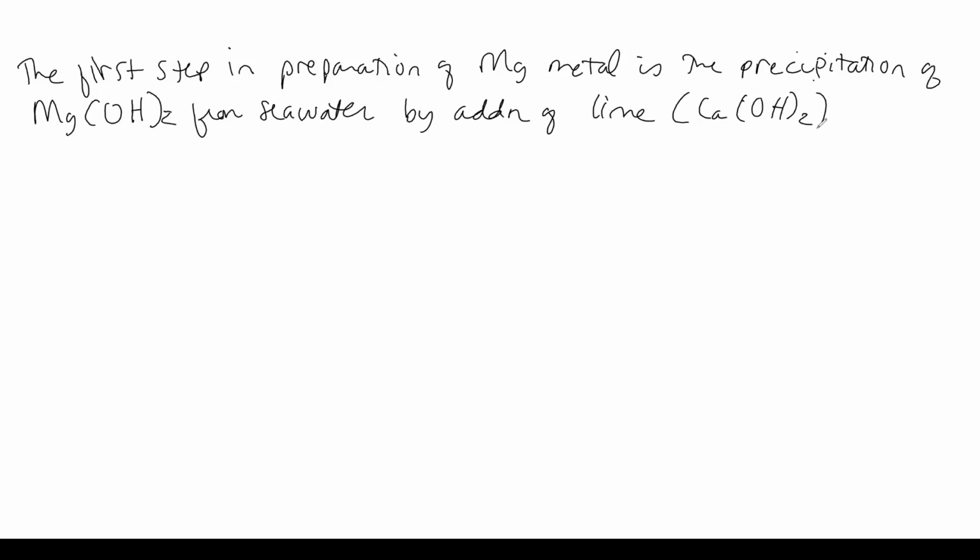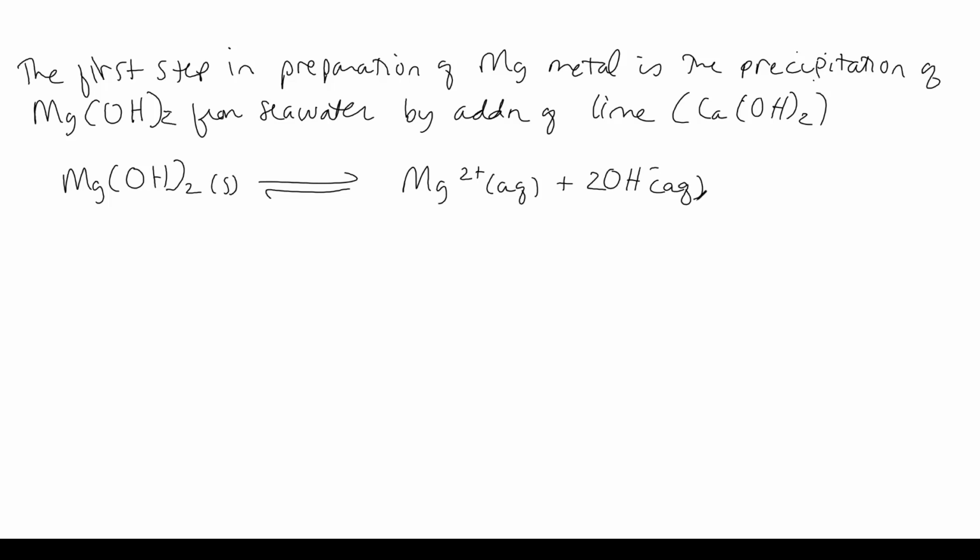But first we have to find out if when we do that, if we're adding enough to actually cause that precipitate. Okay, so let's look at the equation for magnesium hydroxide dissolving. So again, you should be able to write this out yourself just by being given the compound, and the KSP here is 8.9 times 10 to the negative 12.